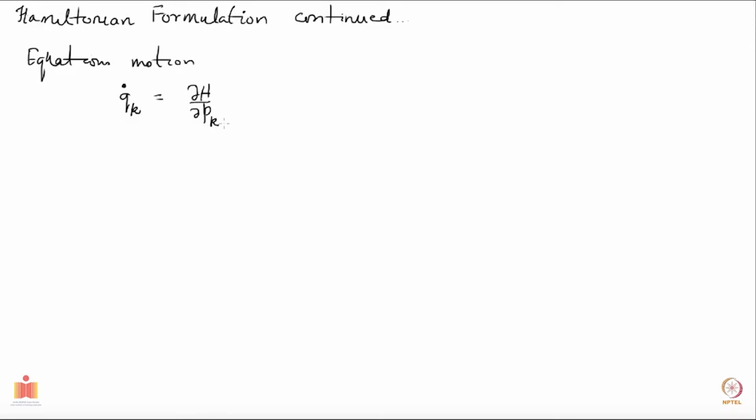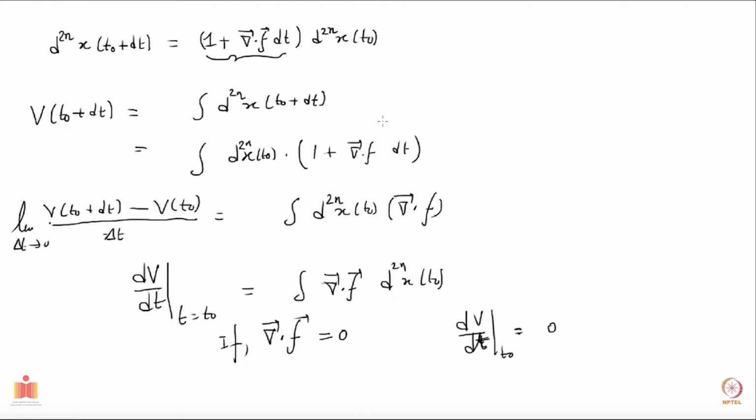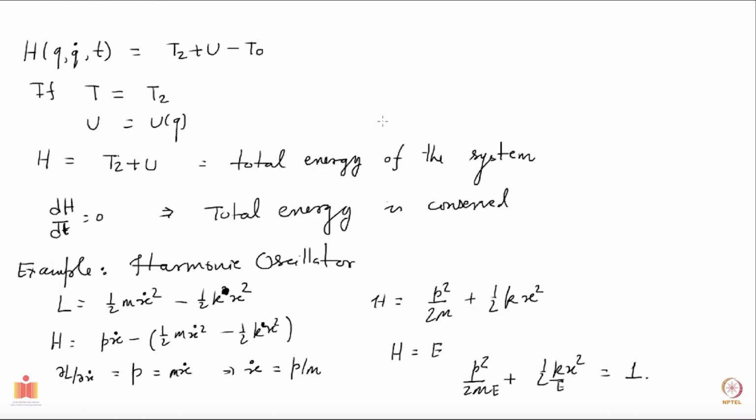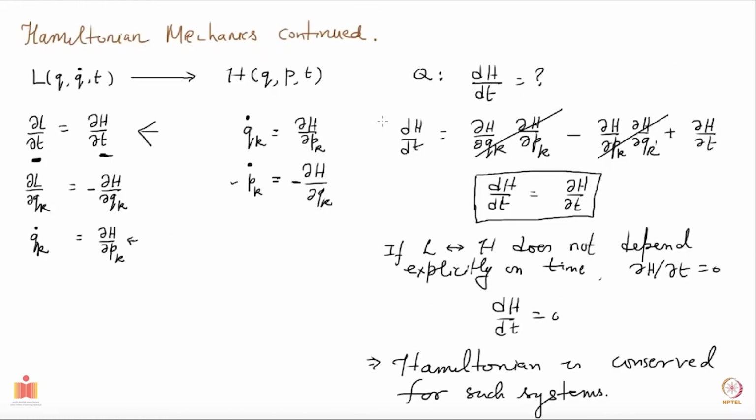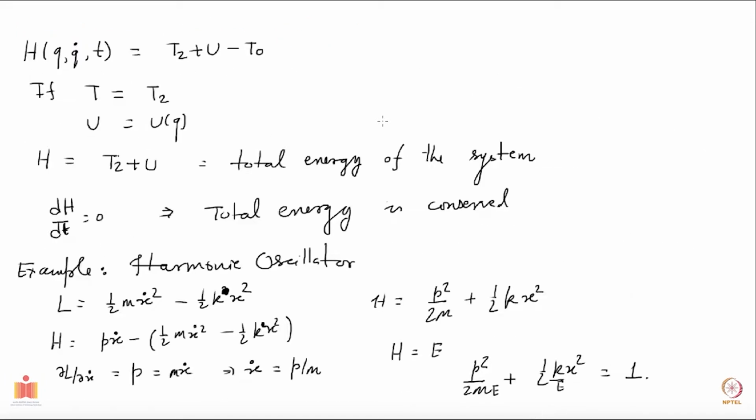Okay, and then you have p_k dot as del H over del q_k, and there should be a minus sign. Let me check which one has minus. p_k dot should have a minus sign.